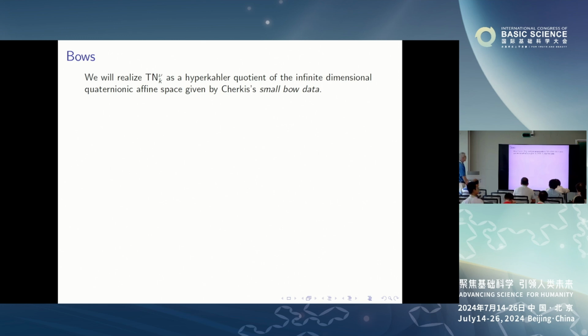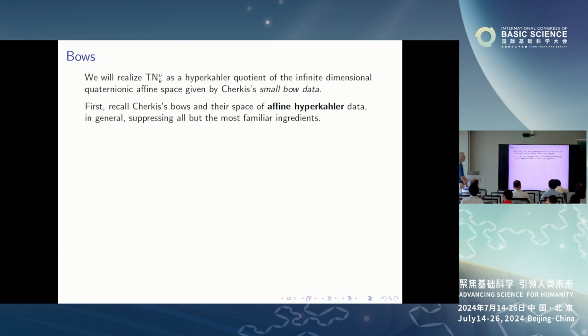Nakajima had introduced quivers to study similar results in the ALE case, and so I guess Sergei wanted bows to go with the quivers, and we need arrows too. Anyway, we'll realize this multi-center Taub-NUT as a hyperkähler quotient of an infinite dimensional quaternionic affine space given by Sergei's small bow data.